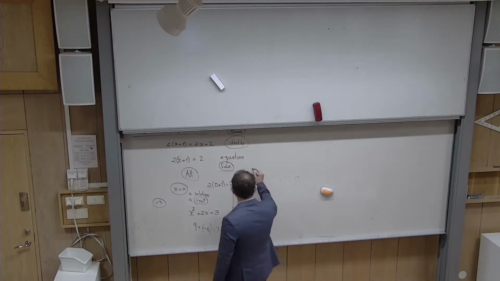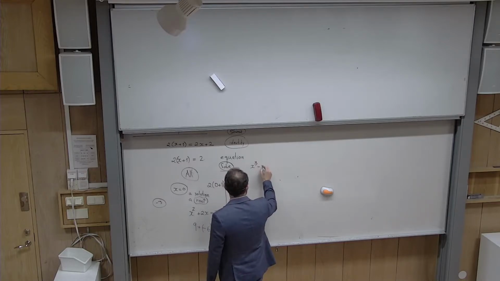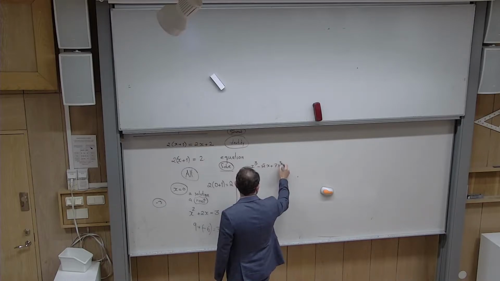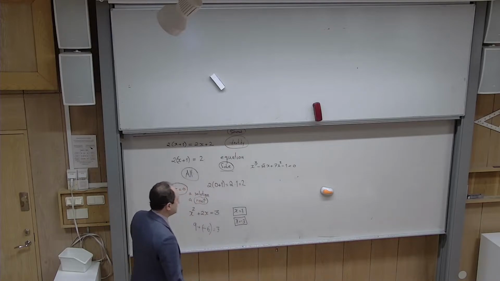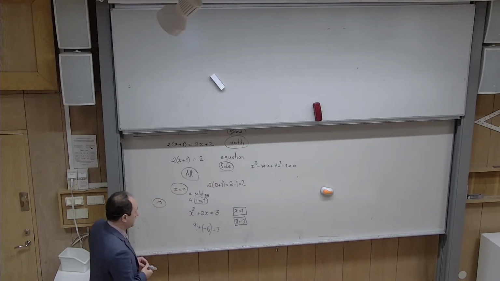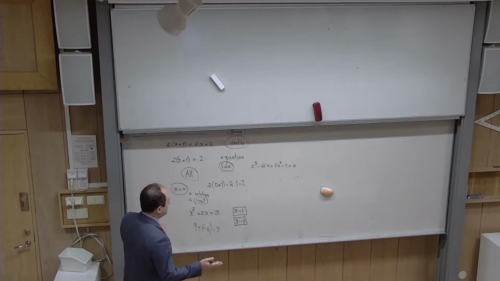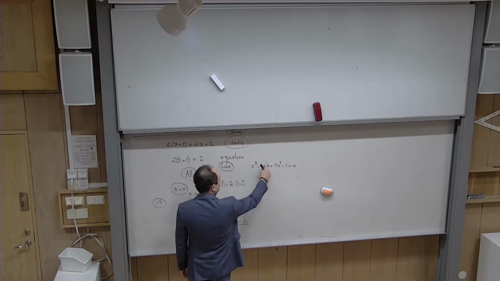No, even for example, if I just write x to the power of 3 minus square root of 2 x plus, I don't know, 7x squared minus 1 equals 0. So very probably we cannot solve this equation. Okay, so you don't need to think it's very complicated in form. No, it's probably very simple. Even if I put 2 here, maybe still we cannot solve that.